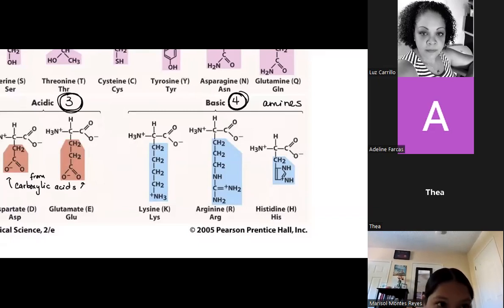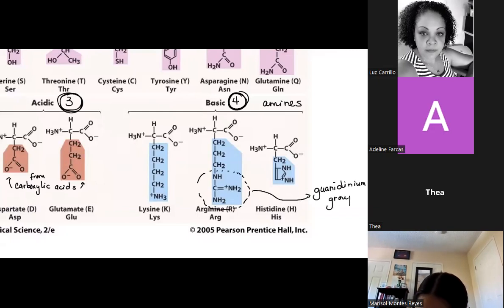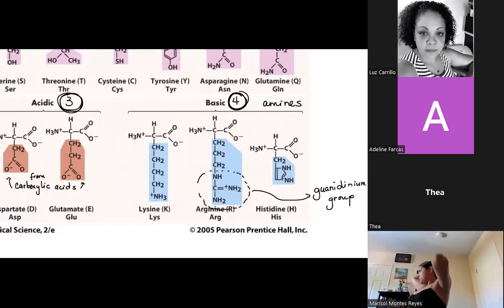Arginine as an amino acid has a special group that we haven't seen before. So this area of the molecule, that is known as a guanidinium group. And guanidinium groups in organic chemistry is not a functional group that is very common.